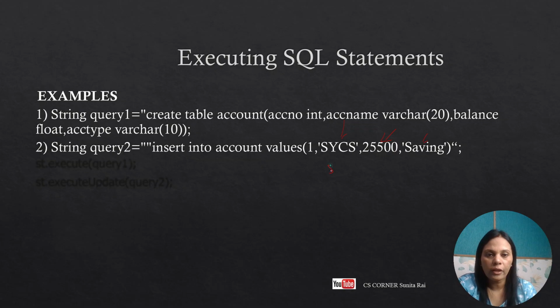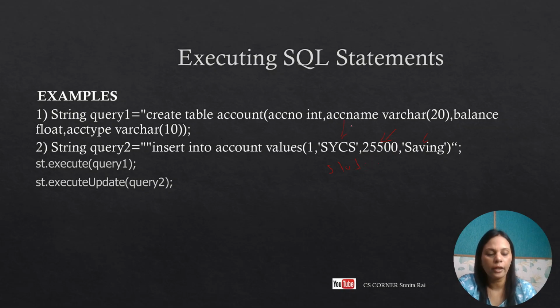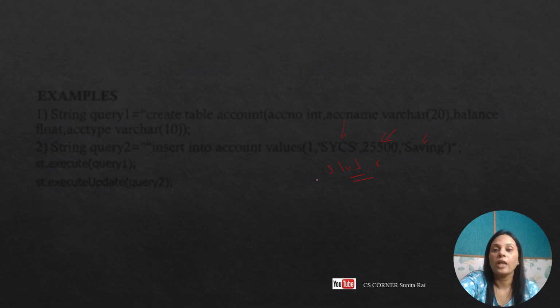This is nothing but a static value. We call it a static value. Why am I calling it a static value? Because the value is not coming at runtime. The values we have passed in the program only. Hence, the slide was saying that it is used for executing static queries.